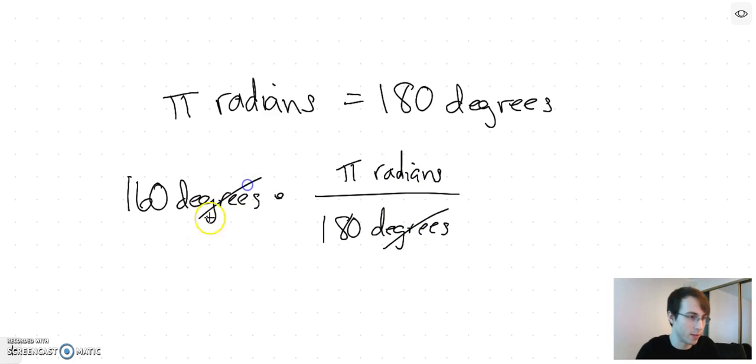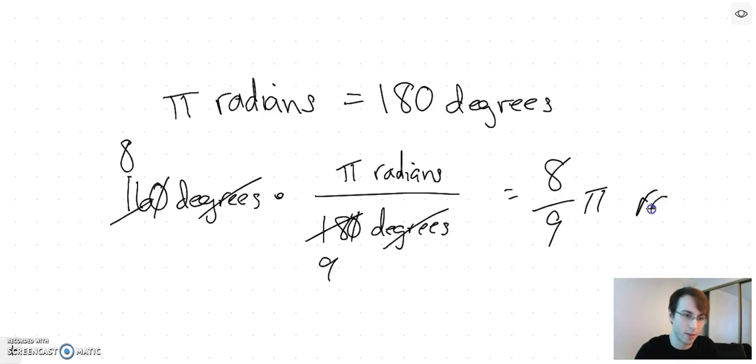Cancel out degrees. In fact, take out 10 from both of these. 16 and 18, we can divide by 2, so this becomes an 8, this becomes a 9, so that's 8 pi over 9 radians. So that's the conversion factor there.